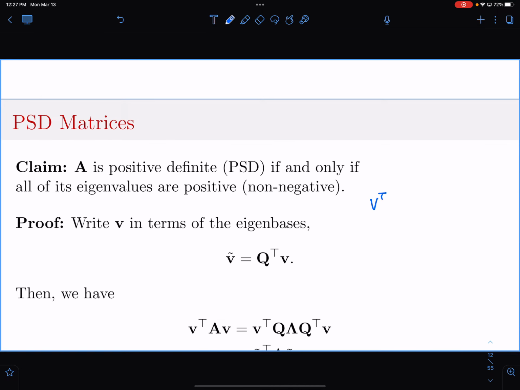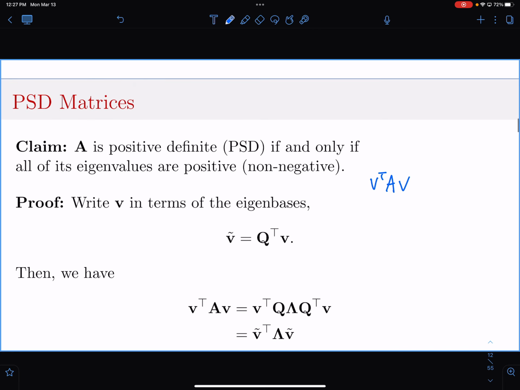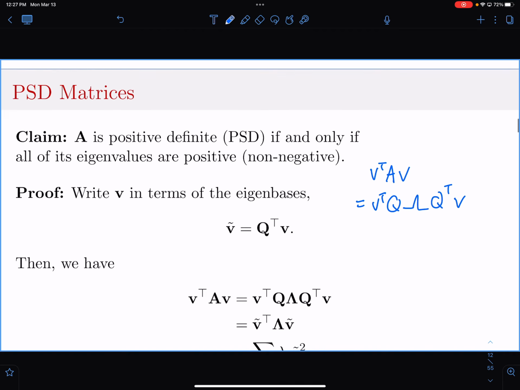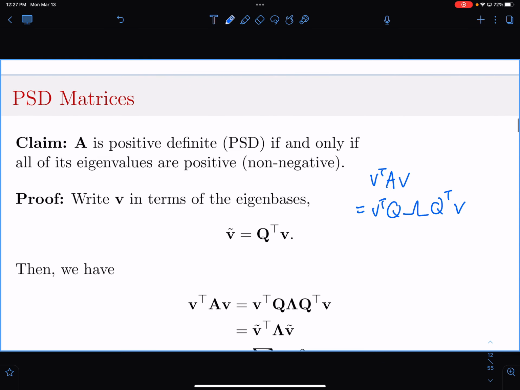The way we do that is we look at the eigendecomposition, v transpose A v. We can write this as v transpose Q lambda Q transpose v. We'll define Q transpose v as some other variable, let's call it w.